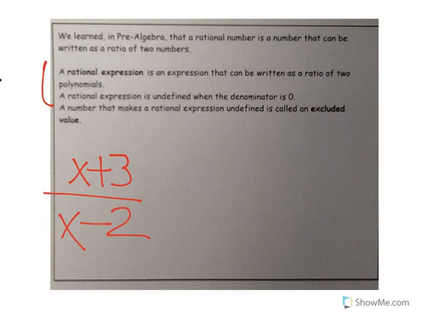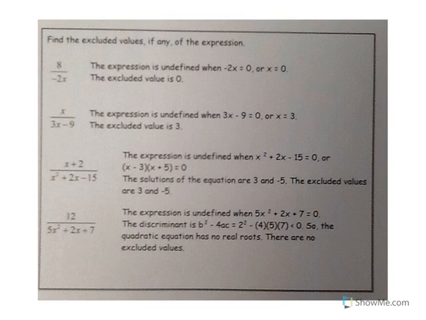So in this case, x cannot equal 2. If x equals 2, then the denominator is 0 and it won't work anymore. That's what's called an excluded value.